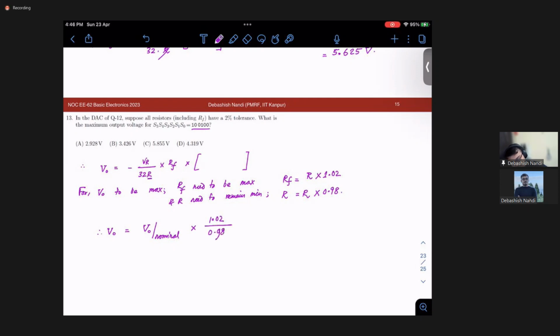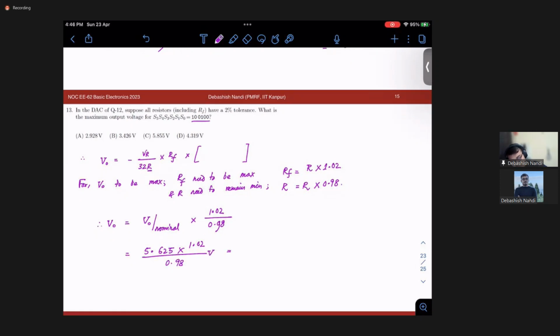That will be your 5.625 into 1.02 over 0.98 volt. What is the value? The value will come out to be 5.855 volt. Okay. So C is your right option.